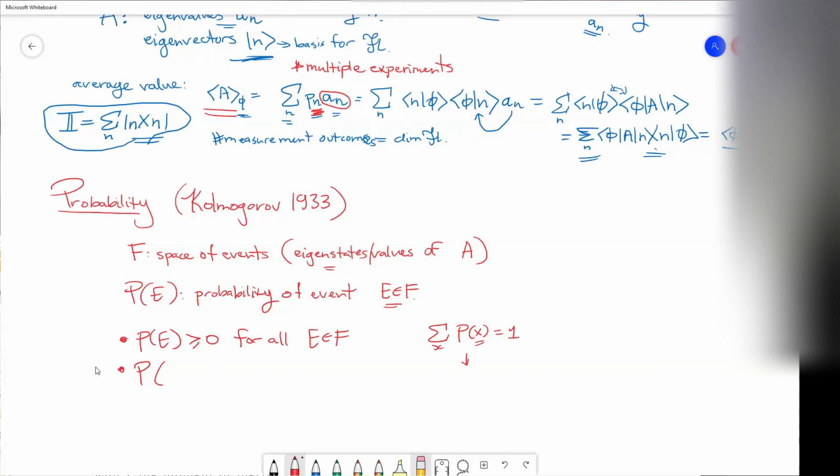But x is typically continuous, which is what we'll spend a lot of time looking at later on. So there's another notion here that you can have a probability density that you can integrate over all the different positions, and this integral is equal to 1.